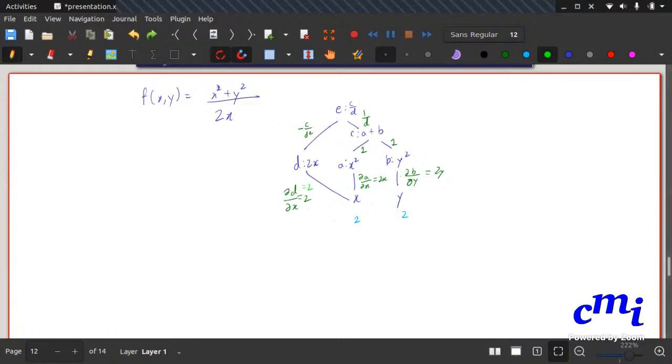So when you write some function like x squared plus y squared by 2x, in PyTorch you're going to take PyTorch's implementation of square, PyTorch's implementation of square here, PyTorch's implementation of sum, and so on.